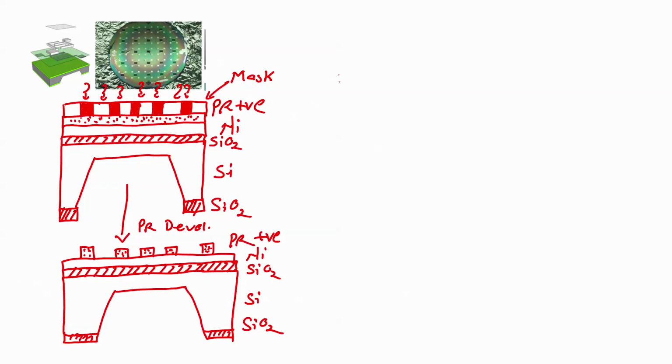Next step, after developing the photoresist, would be hard baking. After hard baking, the next step would be etching nickel. So, if I etch nickel, what will I have?